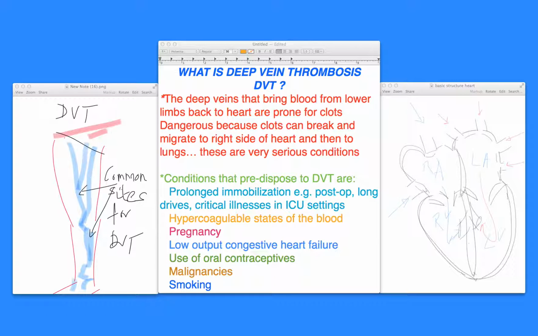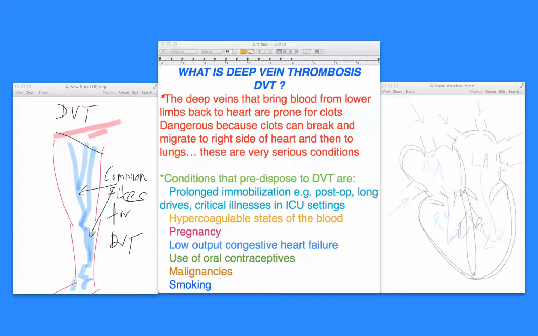They're prone to clots. And it's very dangerous because sometimes these clots can migrate. They could be here, they could be in the thigh, they could be behind the calves, etc. And these clots can start migrating, go up to the tummy, and finally find their way through the inferior vena cava into the right atrium.